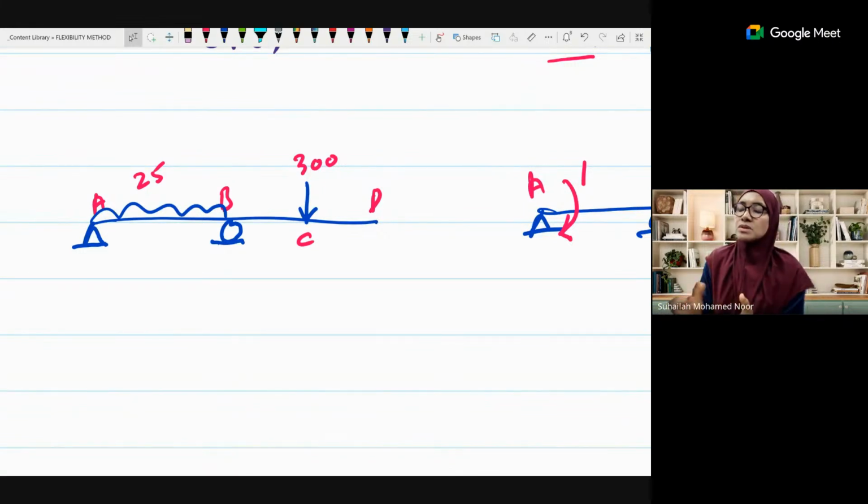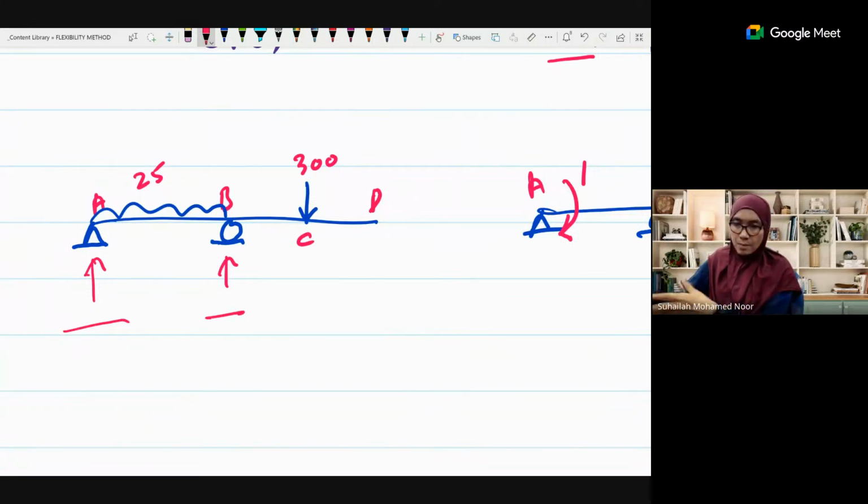Tapi kalau you still kena tulis untuk dapatkan the reaction, so tulislah. Kan? Tapi yang saya nak tengok is just the value. Maksudnya macam mana nak dapat ni, nak buat kat kertas asing ke, nak buat kat sini ke, it's up to you. Okay, so most important is the value. So value tu nak pakai untuk moment equation.